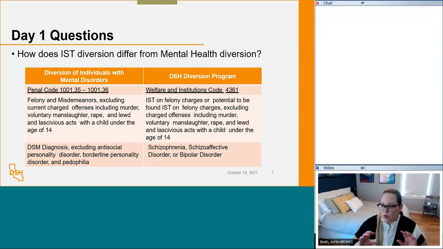So those are the main differences. So DSH diversion is in Welfare and Institutions Code 4361, so that's what you should be looking at from a statutory perspective when you are thinking about this program. Again, we will only fund felony diversion through our funding program with the specific diagnoses and the other criteria.